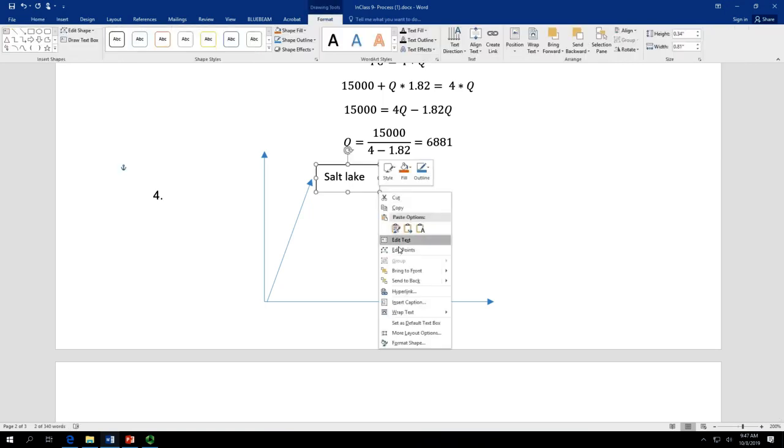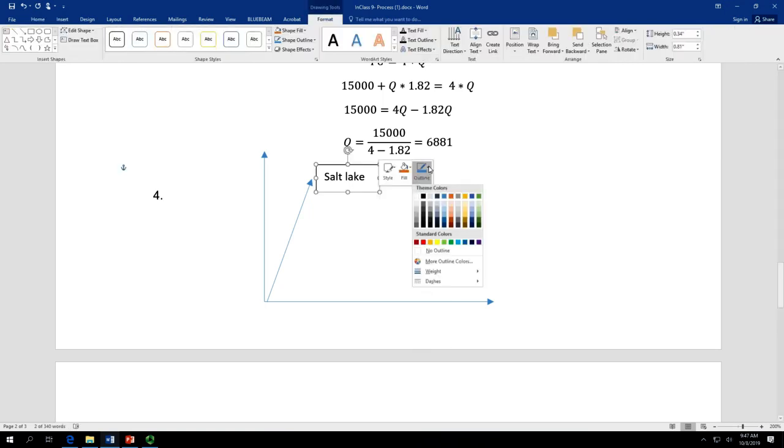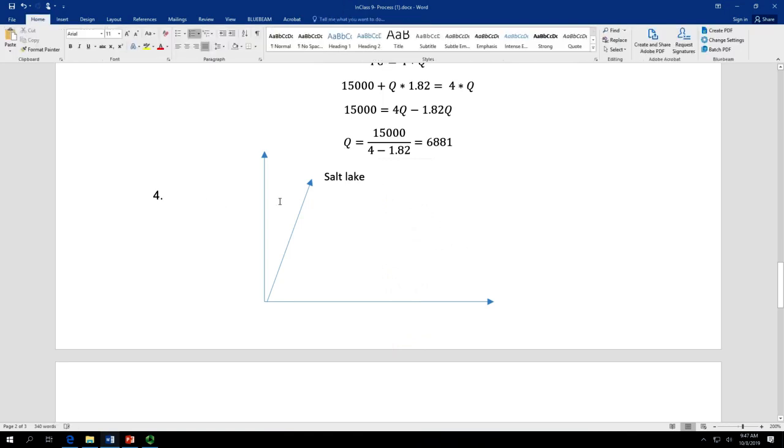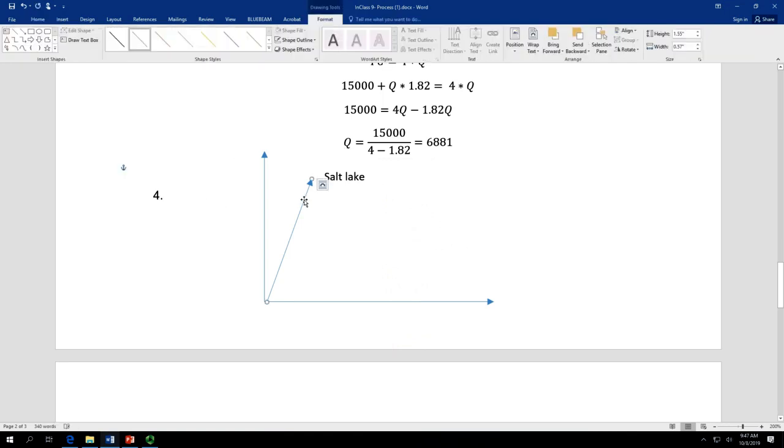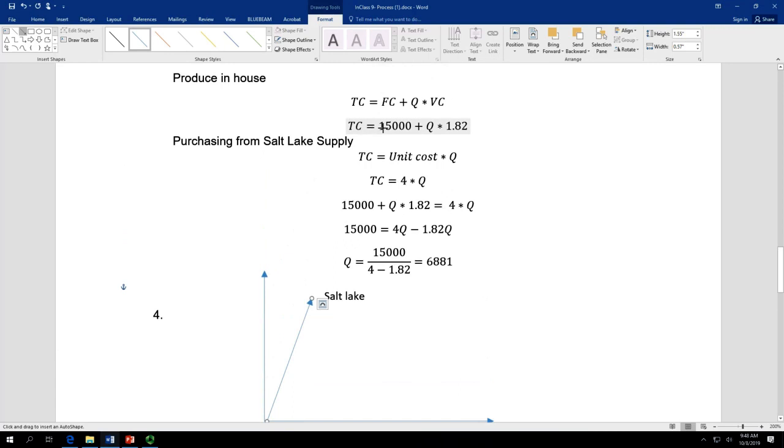So I can make this with no outlines. And another line we want to draw is their in-house production, produced by themselves. They include a fixed cost.